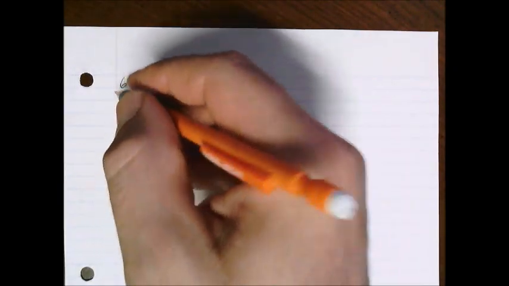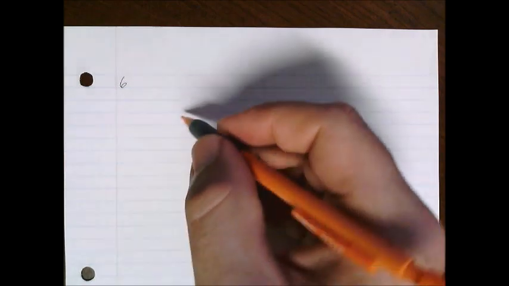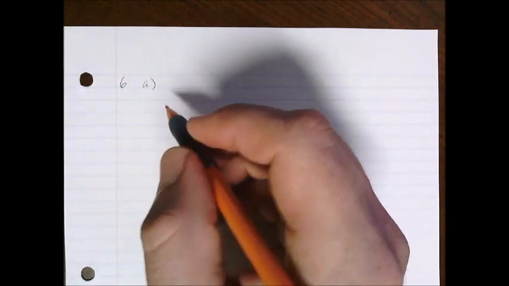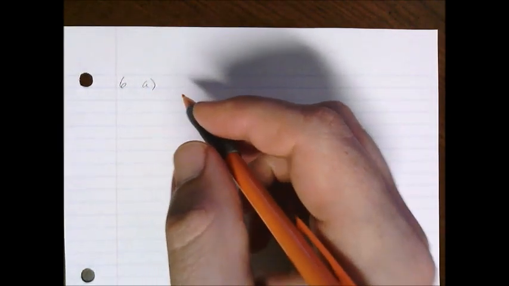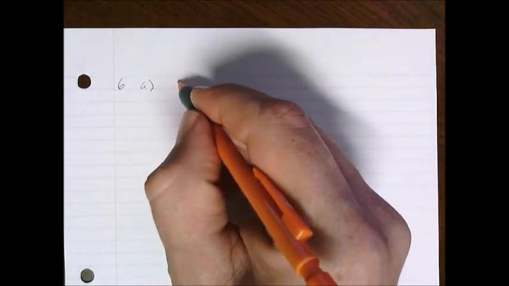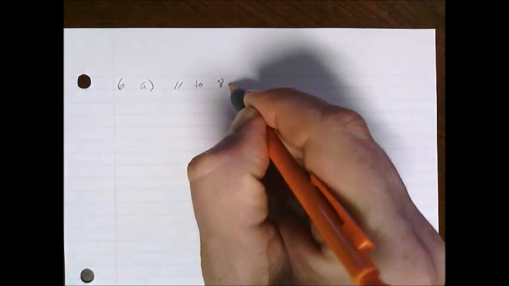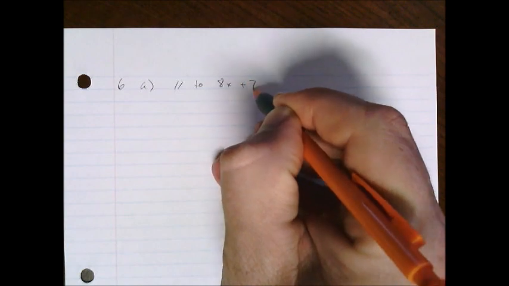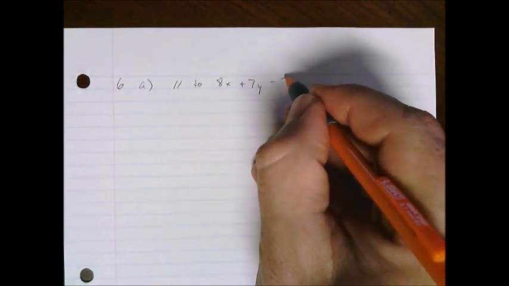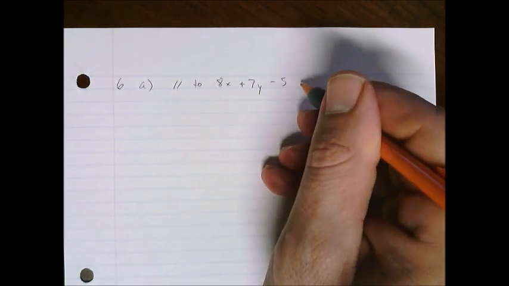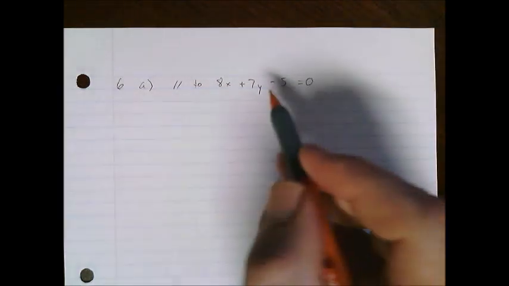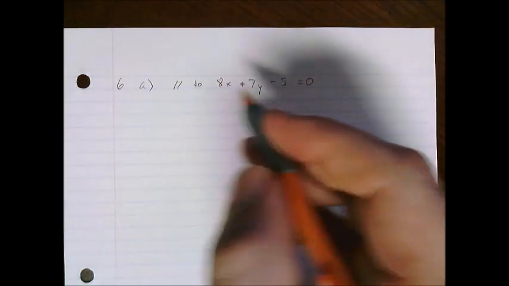6. Determine the slope of any line that is parallel to 8x plus 7y minus 5 is equal to 0. So this is in general form.